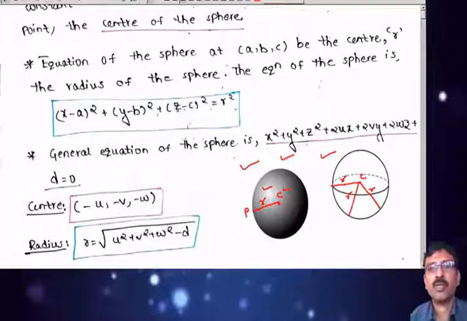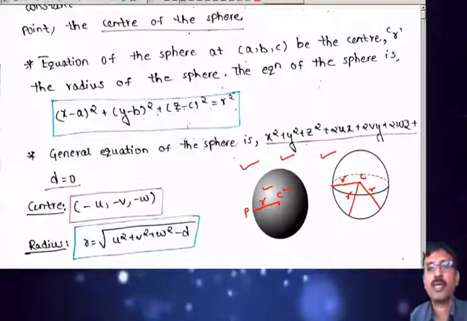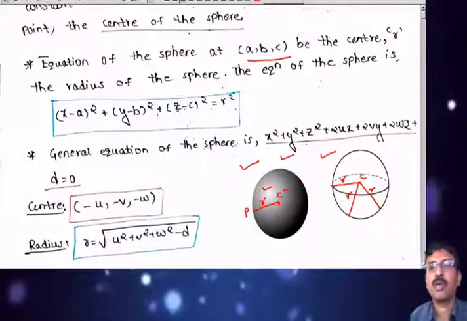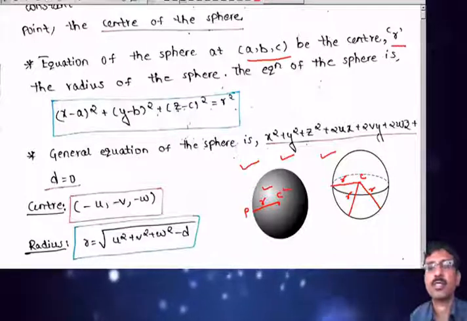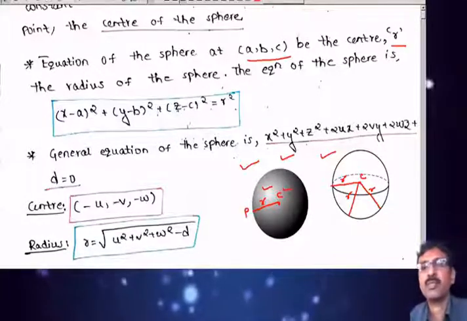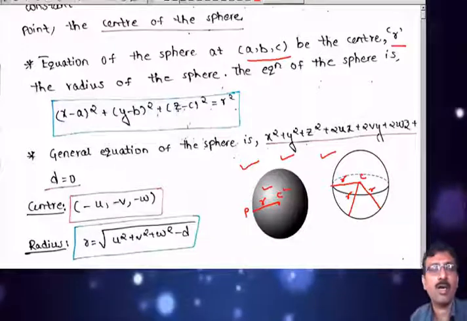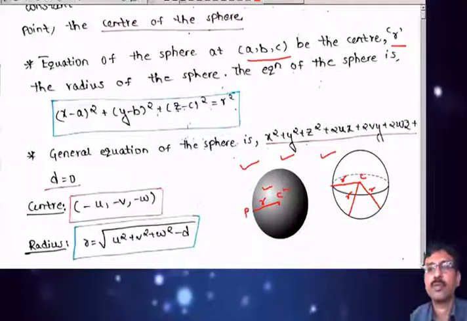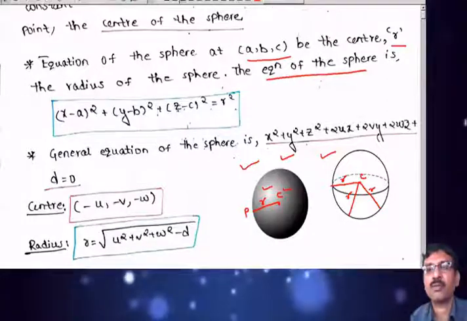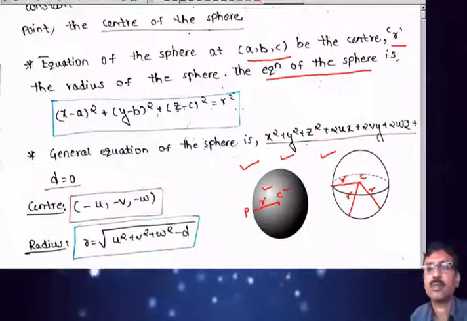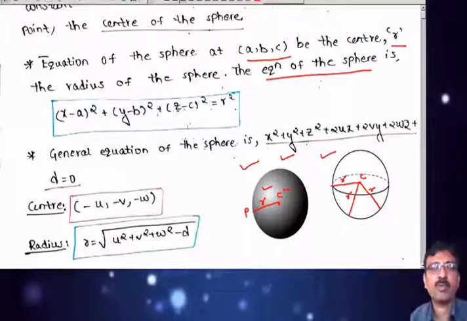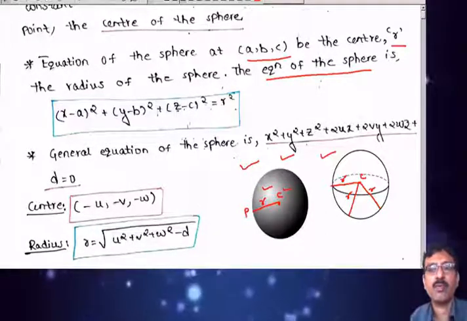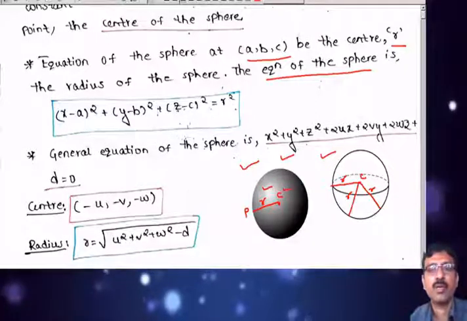If the center is at (a, b, c) and the radius is R, then the equation of the sphere is (x minus a) whole square plus (y minus b) whole square plus (z minus c) whole square equal to R square.